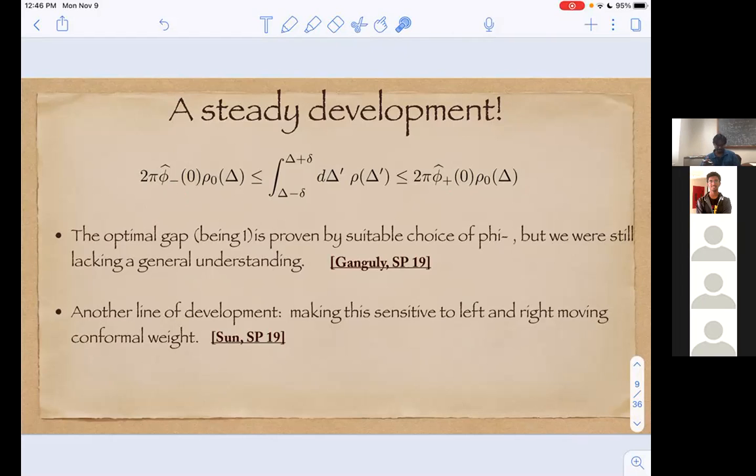In fact, we went ahead and redid some of this analysis, making the density of states, which is a function of delta, sensitive to the left and the right moving conformal weight. So it was a bunch of technical details, but at the end of the day, one can write down the same sort of inequality with appropriate growth on both sides, on the lower bound and the upper bound.